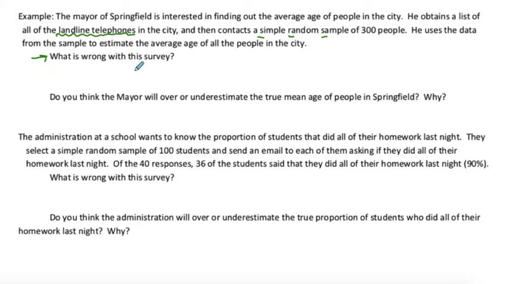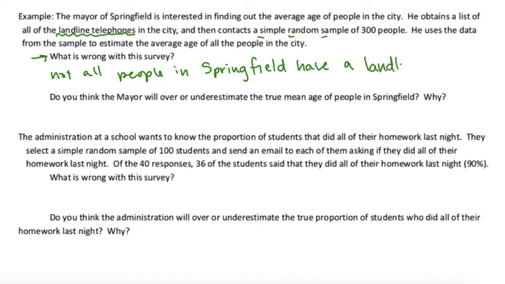So the thing that's wrong with this is that not all people in Springfield have a landline. So this is where there might be people that are not included, even though they should be.